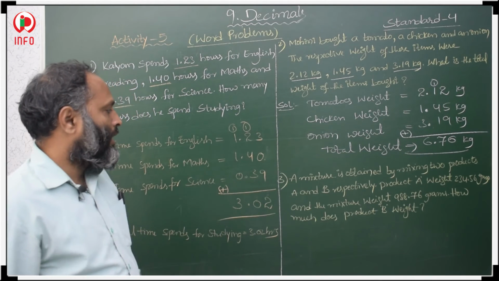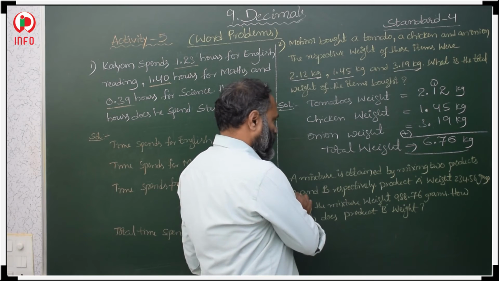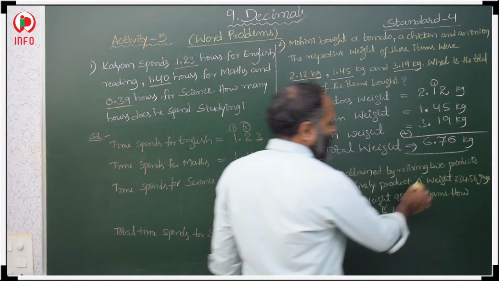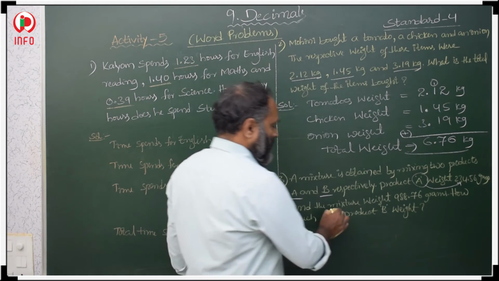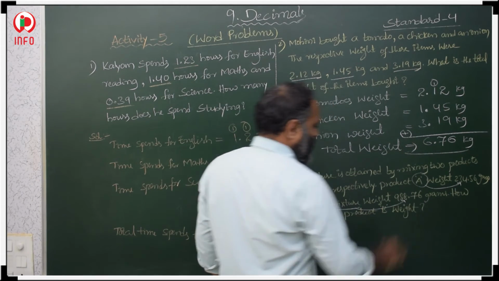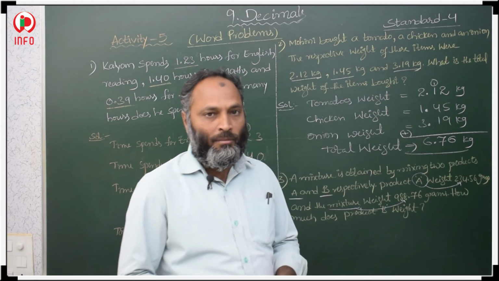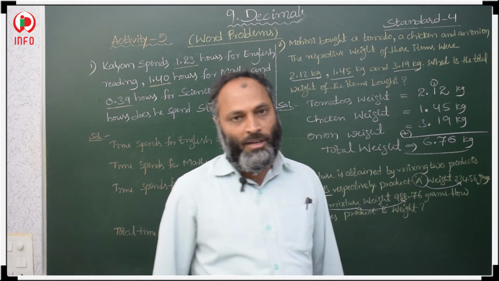Now the third question, a mixture obtained by mixing two products A and B. The product A weight is given and mixture weight is given. Then what is B weight he is asking, meaning from the total mixture weight, we have to subtract A weight, then you will get B weight.